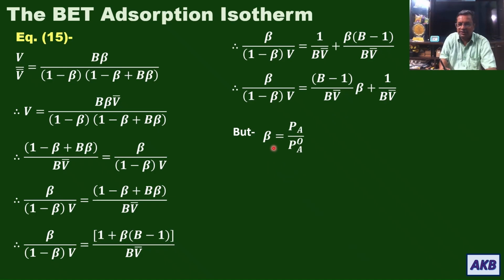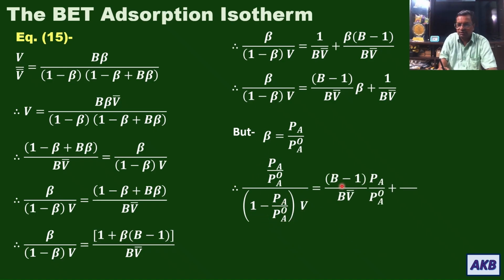Now let us replace beta with PA by PA naught. How we got this, I have discussed previously. So the equation will be PA by PA naught divided by 1 minus PA by PA naught into V, that is equal to B minus 1 upon B into V bar into PA by PA naught plus 1 upon B into V bar. And now I'm calling it equation number 16.